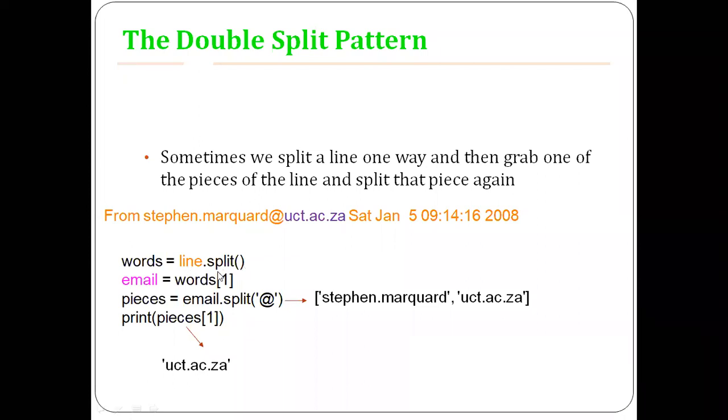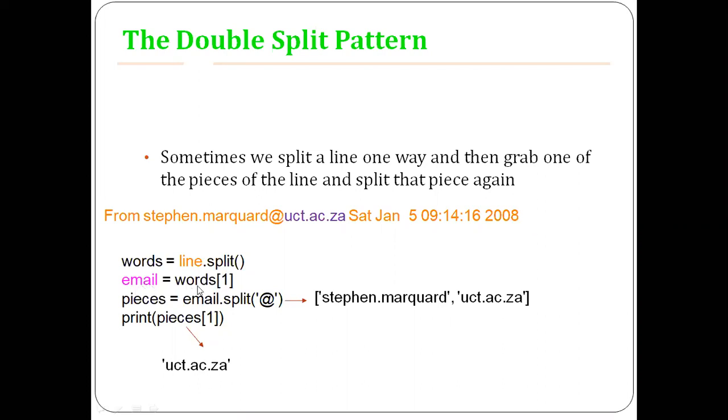Once you split it, you get 'From' as one word, 'Stephen.market@uct.ac.za' as another word, 'Sat' as the third word, 'January' as the fourth word, '5' as the fifth word, '09:14:16' as the sixth word, and '2018' as the last word, right? So what I do is extract one word from the list, that is words of one.